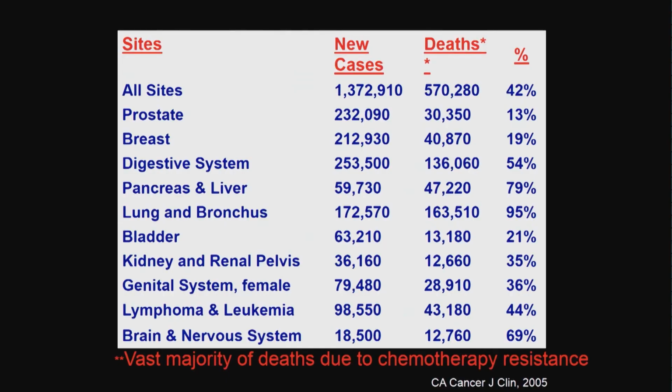So, where are the sites? It is found in the prostate, all sites 42%, 13% prostate, breast, digestive systems is very high, pancreatic, liver, lung, bronchus, bladder and so on.